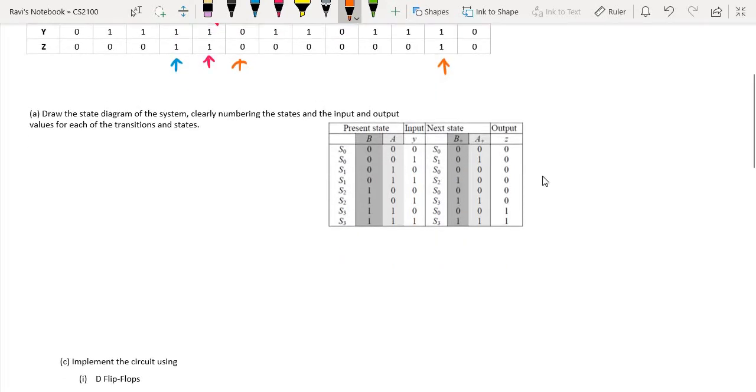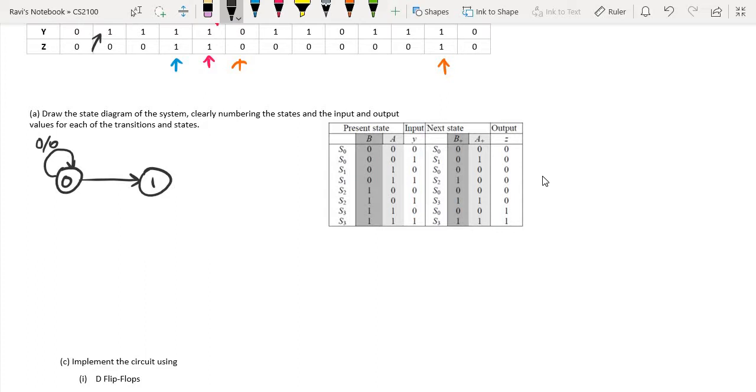As we have seen, we start off with state 0. In state 0, if my input is a 0, I will stay in 0, and my output is a 0. But if my input is a 1, like for example over here, then I can transition to another state called state 1.